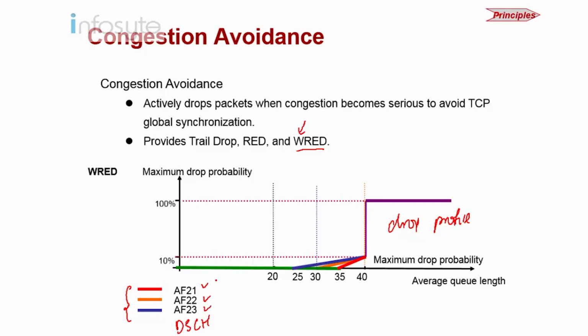AF21 is the low drop probability, then medium drop and high drop. So you can see that under the high drop, I'm going to drop once you hit 25, but I will not drop those that are high priority until the queue hits the 35 queue length. So you have to create a profile, and that is what we call weighted random early detection.